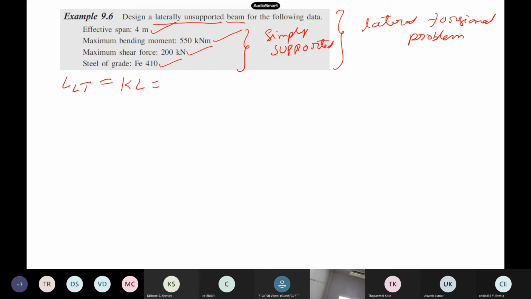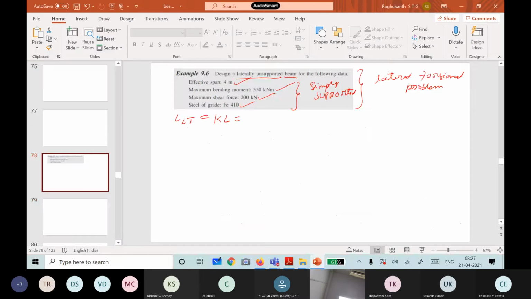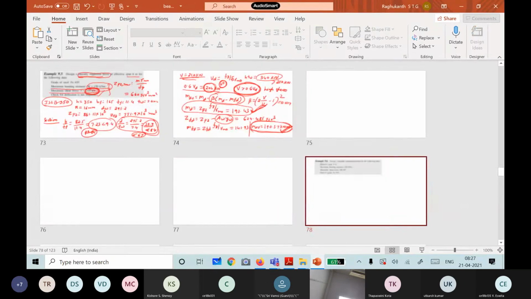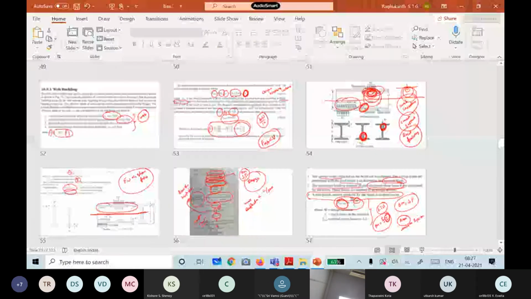The simplest case is now. If you see our IS code, where was that restraint table? For the lateral torsional buckling, we had one table. This is the restraints.